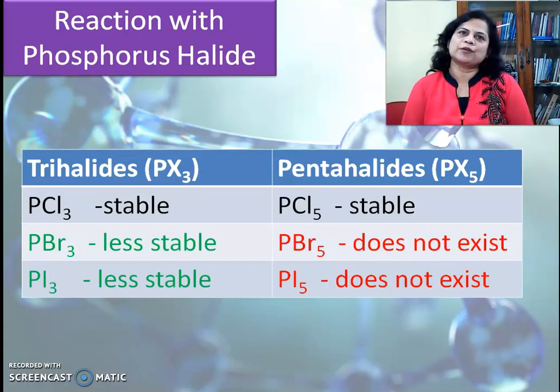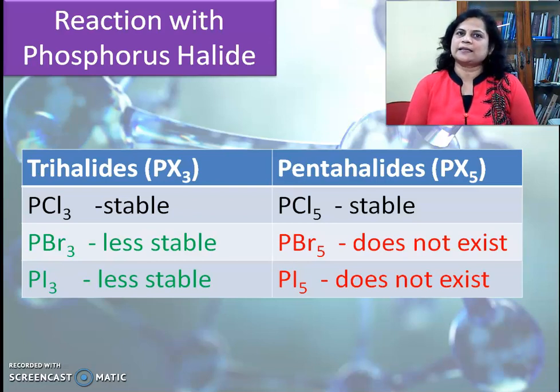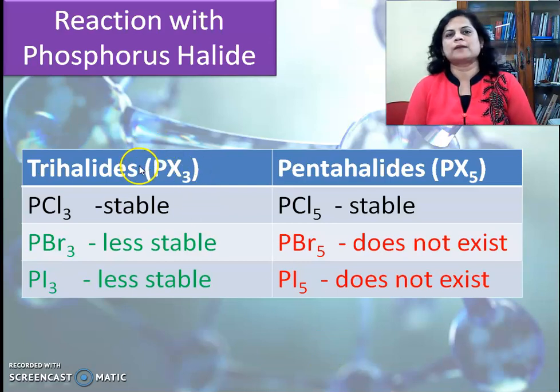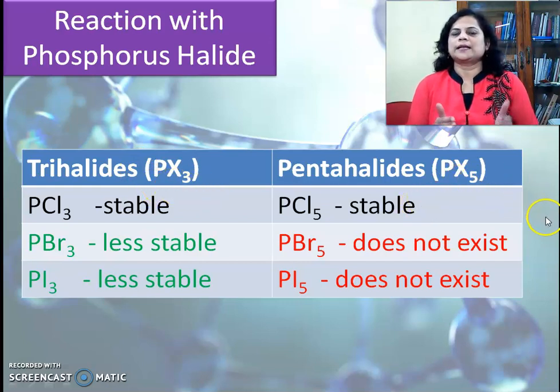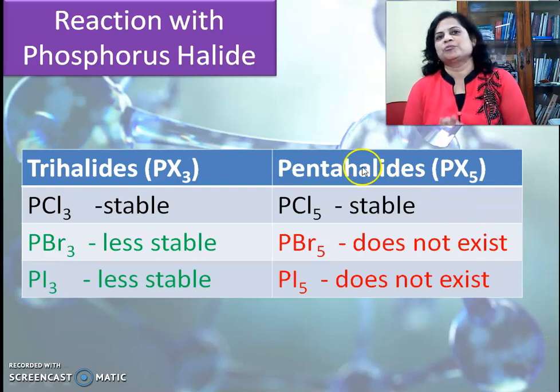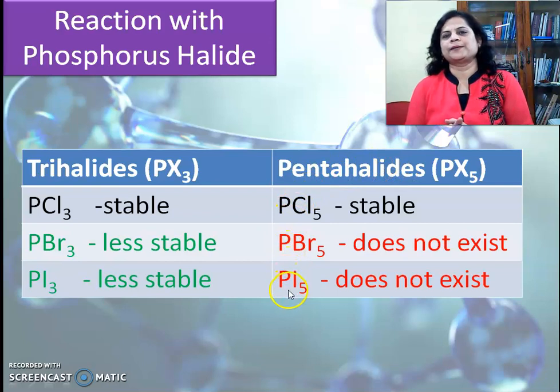Now the next type of reactions are again with alcohol, but using phosphorus halides. Among the phosphorus halides we have trihalides and pentahalides. The trihalides are PCl3, PBr3, PI3, and the pentahalides are PCl5, PBr5 and PI5.